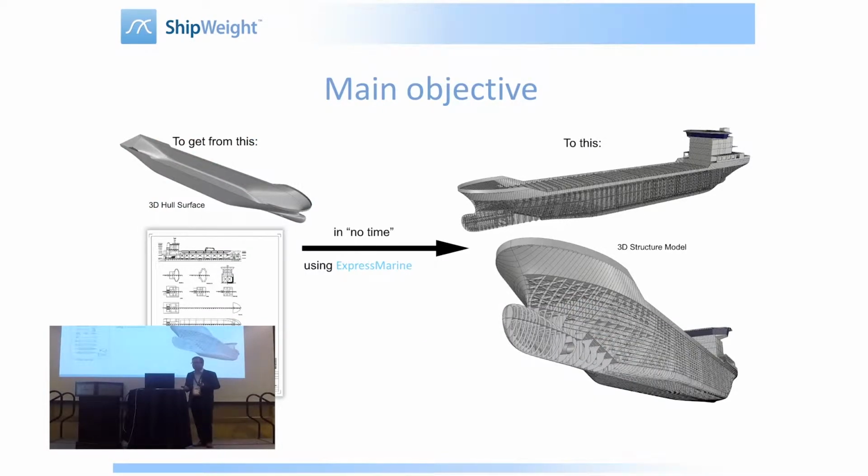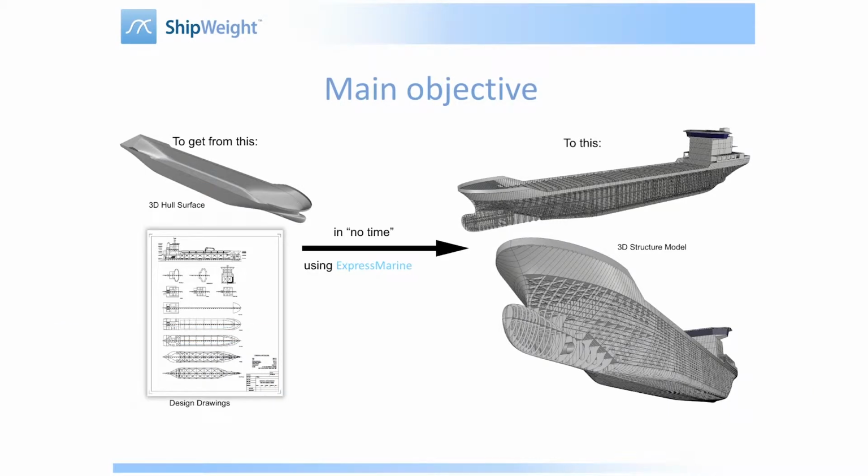And the main objective is to get from a starting point with the GA and hull form, in no time, to the 3D structure model to get the weight and the CG of the structure very early. And we're talking hours, maybe a couple of days to build up this model.